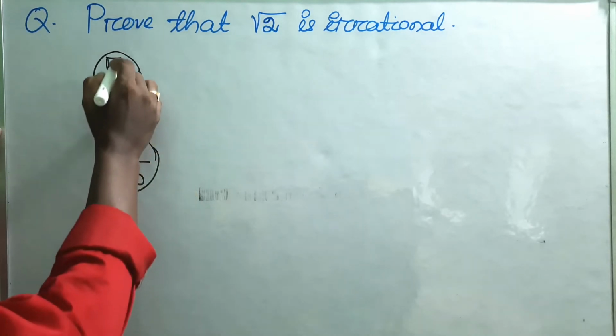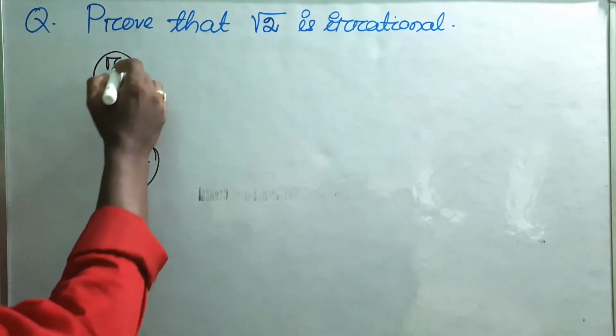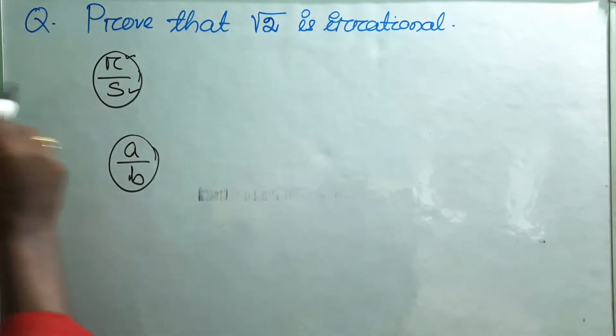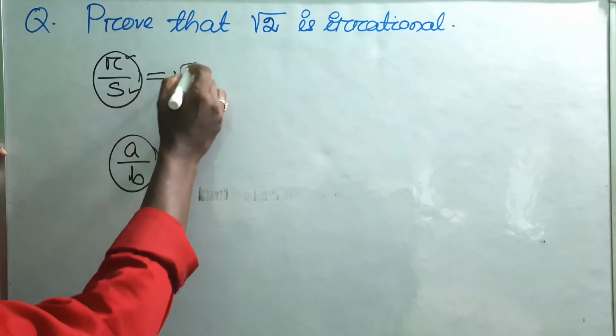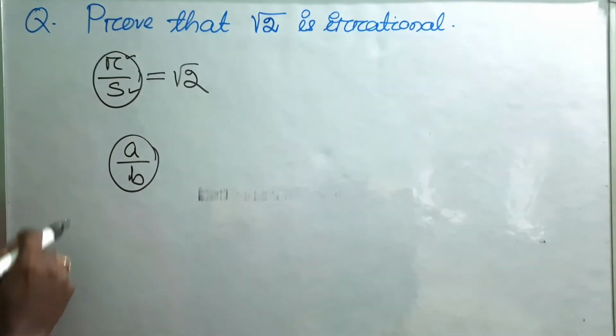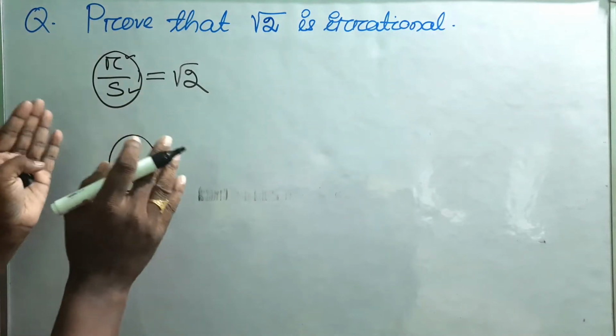Here it has taken R and S as two integers such that R by S is equal to root 2. It has not been mentioned whether R and S are co-prime or not.